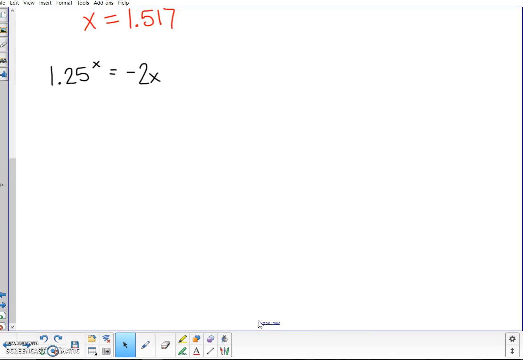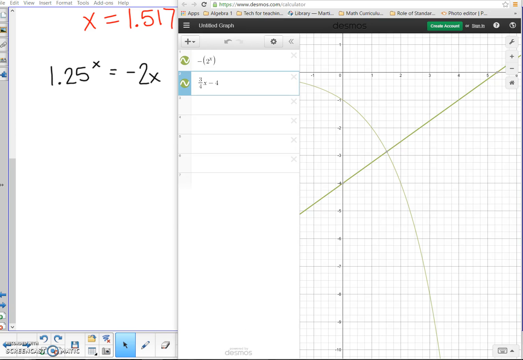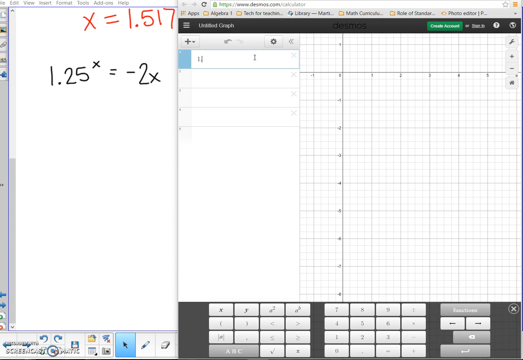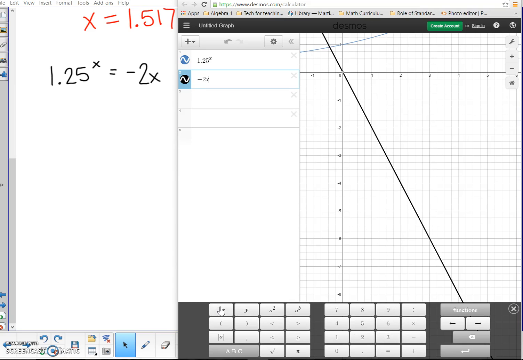Just practice using that graphing calculator. And then check your answer. So x is to get rid of them. Type in 1.25 to the x using that little keyboard and the AB button, and then you're going to type in -2x for the second equation.